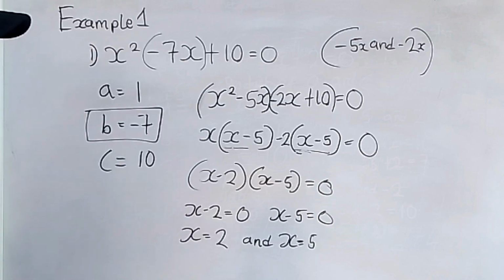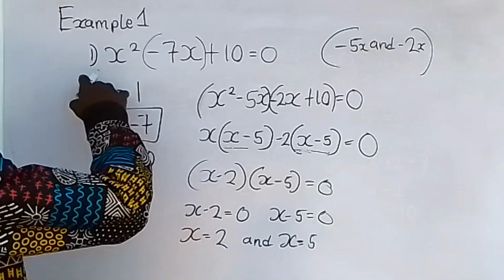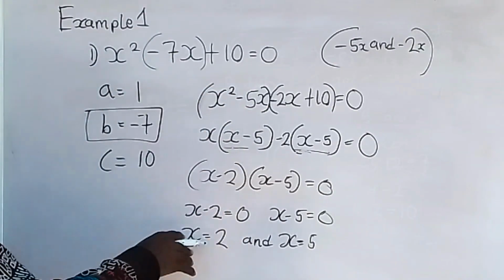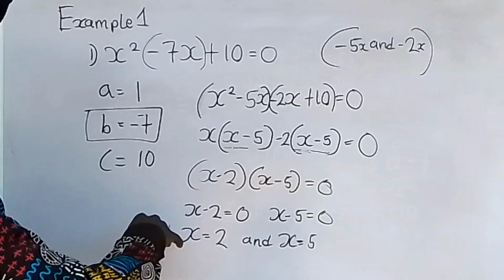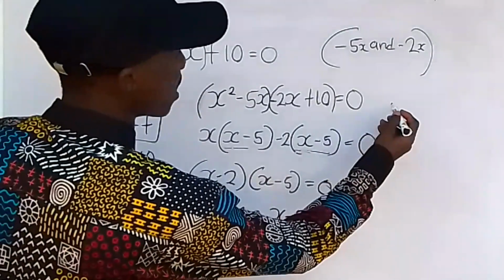Now let us check. If I substitute any of the values of this variable x into this equation, and I get 0, then the value satisfies this equation. Let's try with 2.